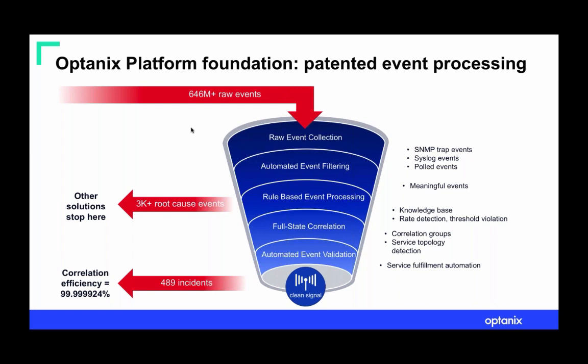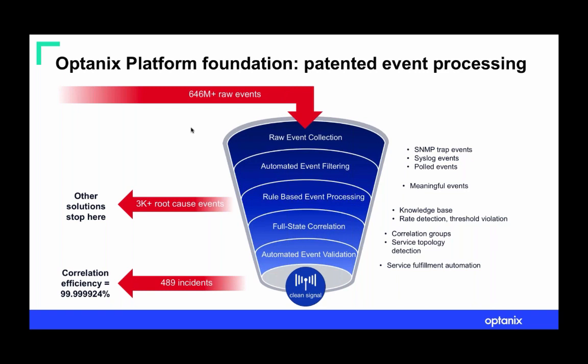We're able to ingest an enormous amount of data and analyze that data in such a way that we can build meaningful insights and use automation to act on those insights to build stability into the platform. This slide is an example of one of our customers. This customer generates 650 million events every quarter, and we ingest those events into our platform.